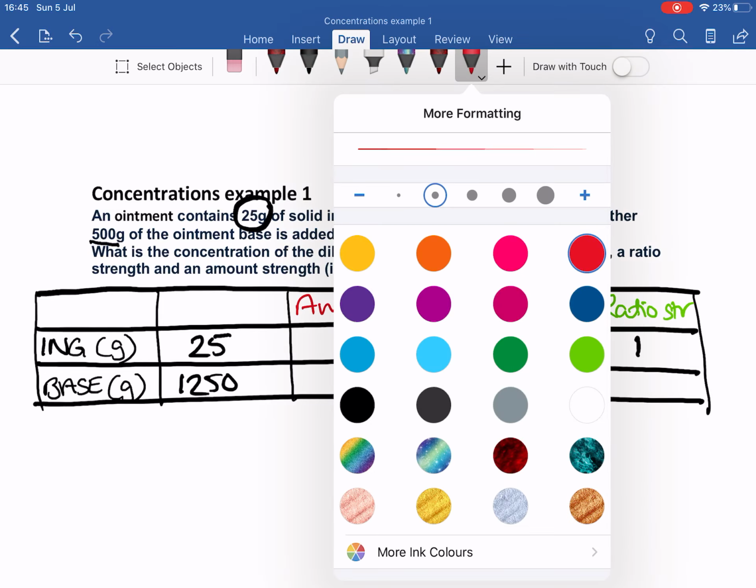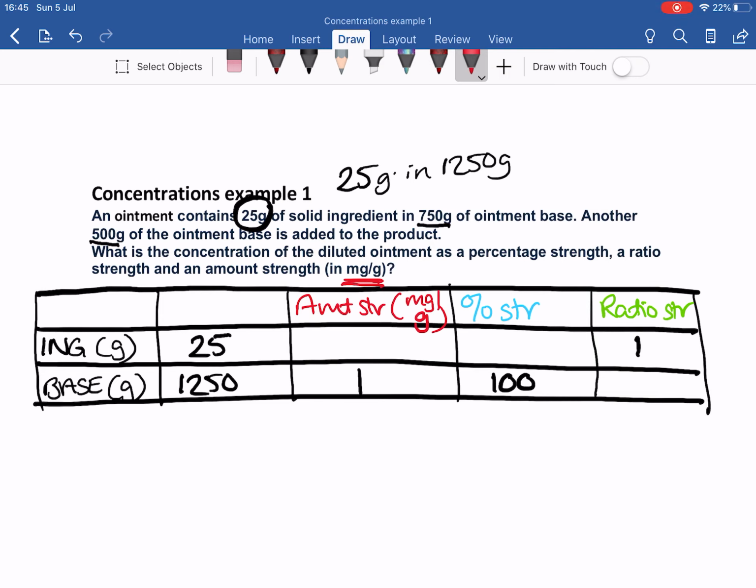Now we're going to turn our attention to calculating the figures for our answers. So the amount strength, our missing figure is this box here, which we'll call X. If we set up our proportional sets, we have X over 1 is equal to 25 over 1250.